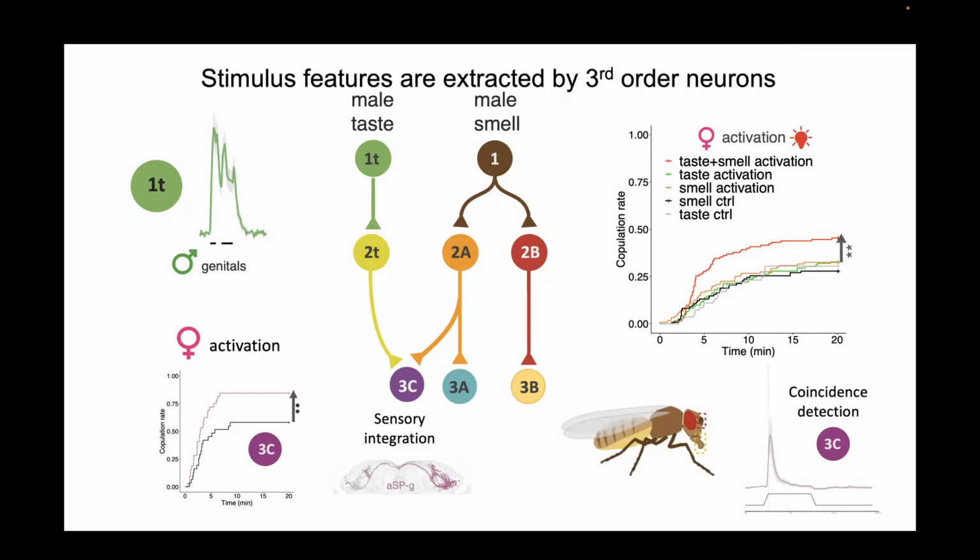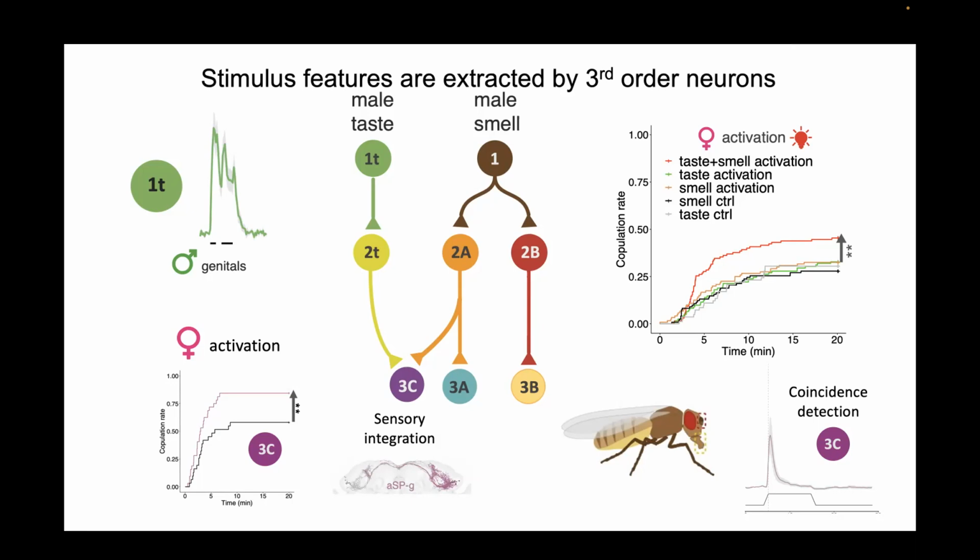Now, we don't really know when this happens, because usually during courtship the females don't really taste the males. The males do taste the female, they tap them and they lick them, but during courtship, the females never turn around and taste the males. So I'm thinking that this probably happens when the females taste the samples of pheromones that males leave around them.